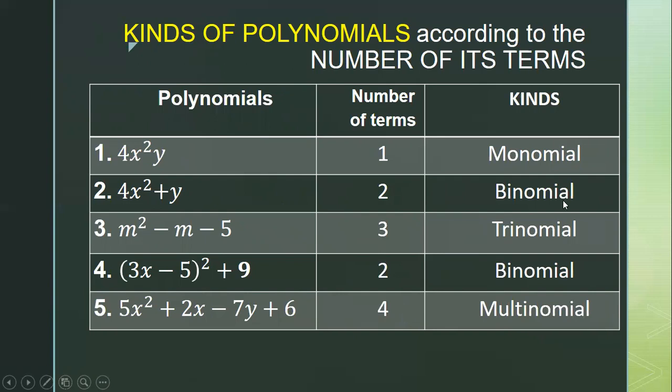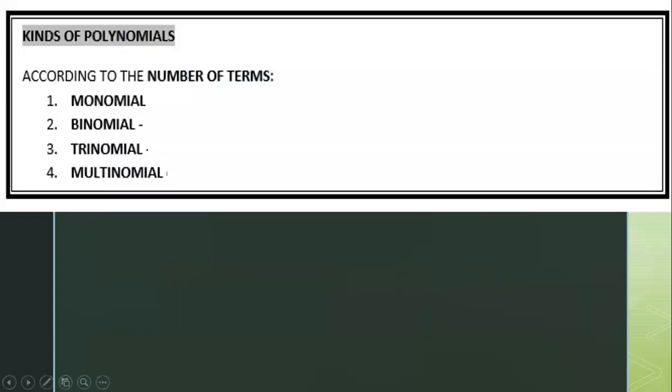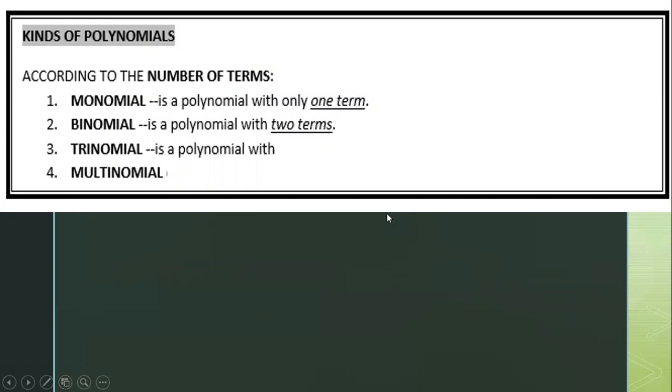Now, when can we say if the polynomial is a monomial, binomial, trinomial, or multinomial? Correct. By the number of its terms. It's called a monomial if it has 1 term. Binomial, 2 terms. Trinomial, 3 terms.